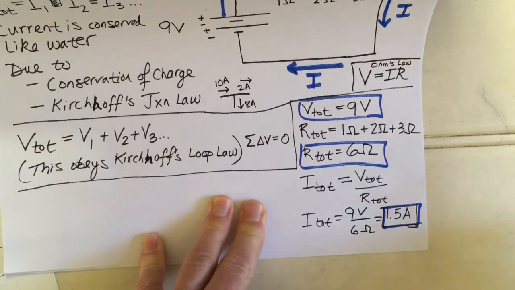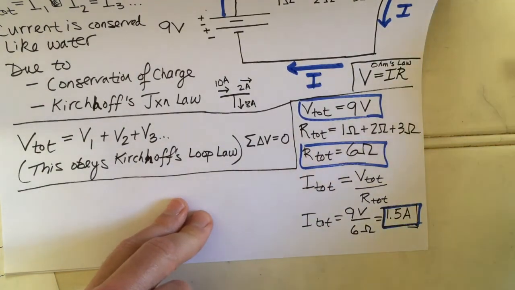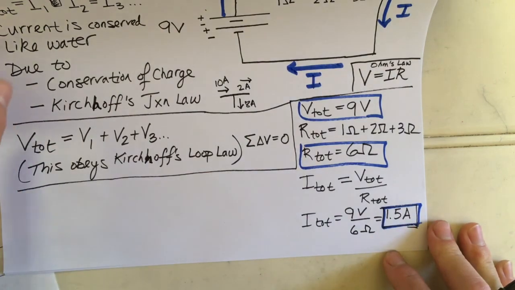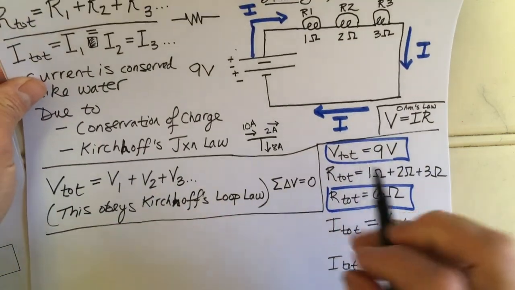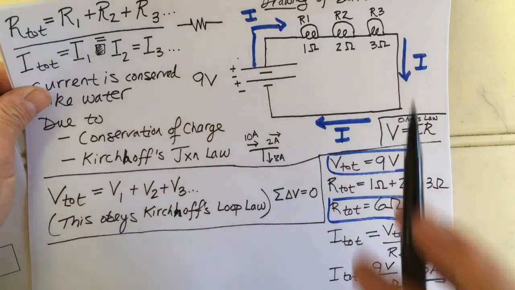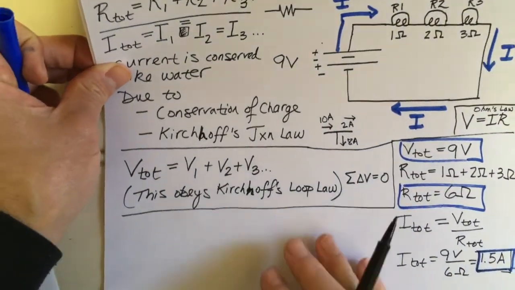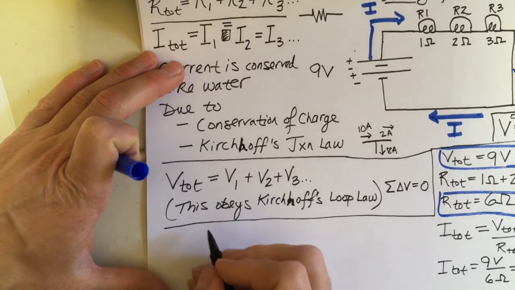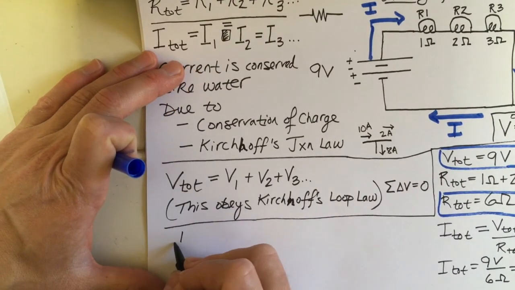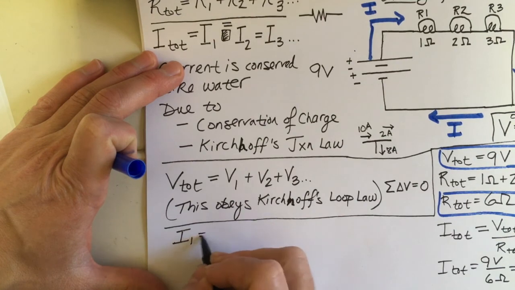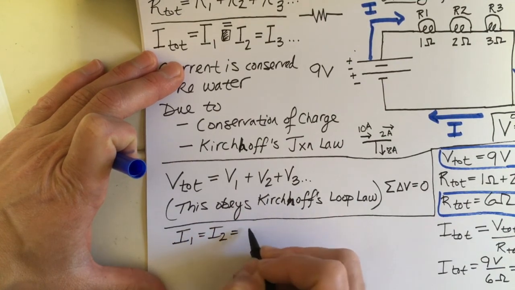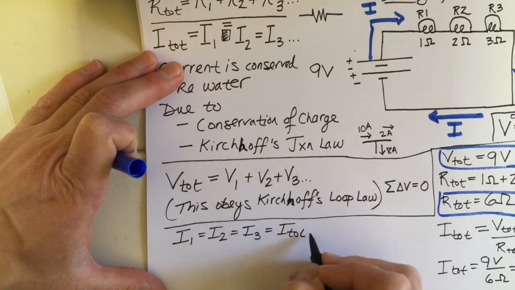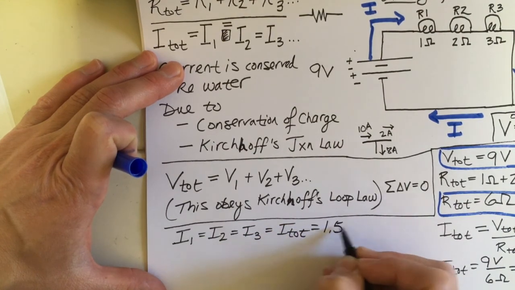All right, very good. So then the next question is, well, what is the current across each bulb? What's I1? What's I2? What's I3? And you might say, well, I remember, because we just learned this, that I total, or I1, equals I2 equals I3 equals I total is equal to 1.5 amps.